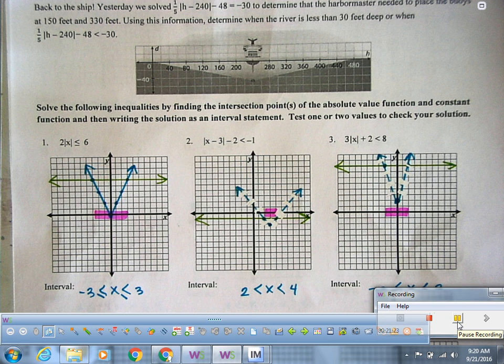Okay, so on this one, if we're talking about less than, we're talking about just this part of the V that is less than the green line. So I drew it in here on the x-axis as well, because that's what we're talking about, x. Here, it's where it's below the line.